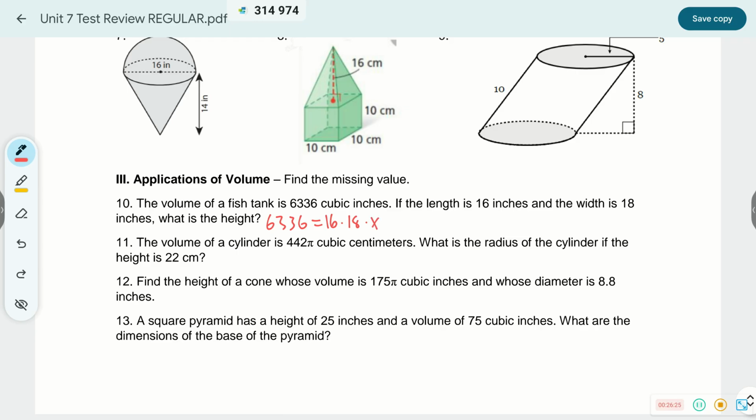It doesn't really matter where the x is. It's just solving the variable. So really, it would be 16 times x times 18, but it doesn't really matter which order you put it in, as long as it's all the same.